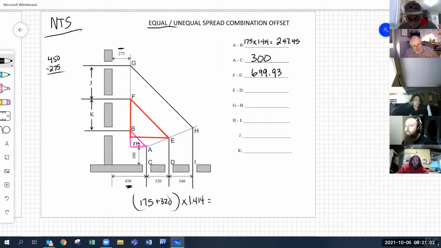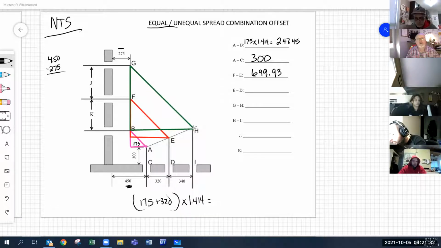Now, my next step is I'm going to solve from G to H. Okay, I'm going to solve from G to H first before I move on with the other one. So I'm going to draw my right angle triangle in here. Here we go. It's going to be green. There's my right angle triangle. And now I want to get my run measurement down at the bottom.